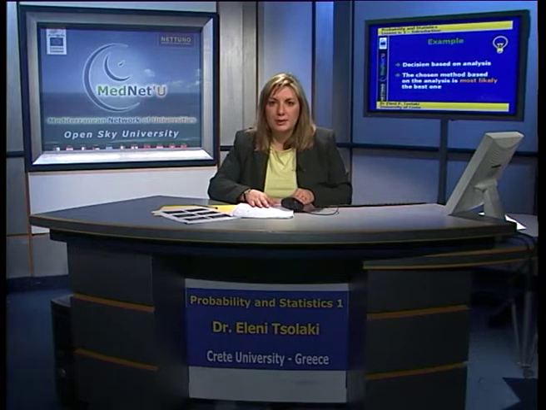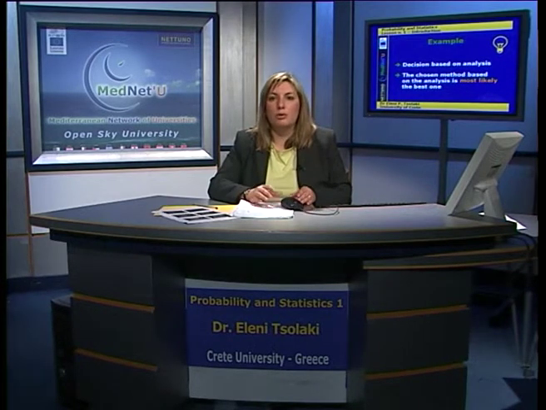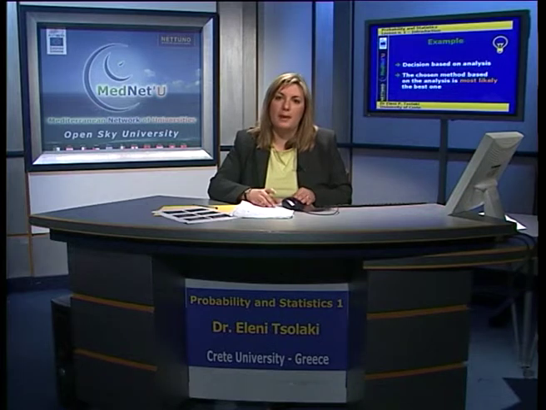The results obtained from the sample drawn from a specific population are only for this population, not for another one. So when we start an experiment, when we want to analyze data, it is very important to make clear what the population is, for what we are going to derive the results.